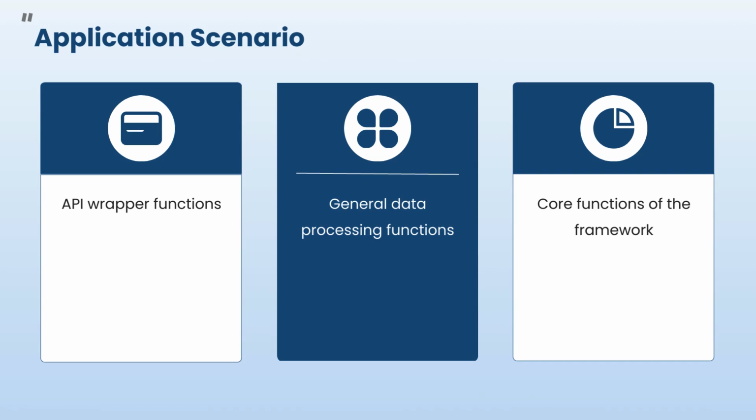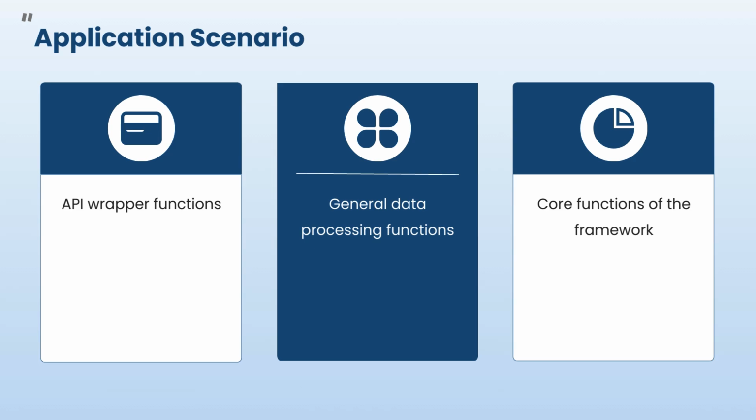Using double asterisk keyword arguments, we can easily pass this data as key value pairs to the function and perform corresponding operations internally, such as data cleaning, transformation, or analysis. This design allows the function to adapt to different data structures and eliminates the need to modify the function definition for future expansions.